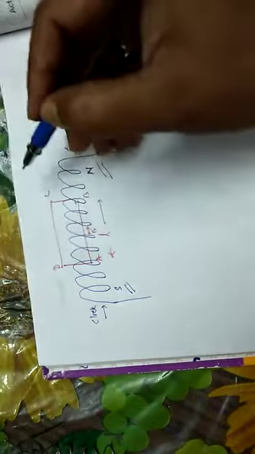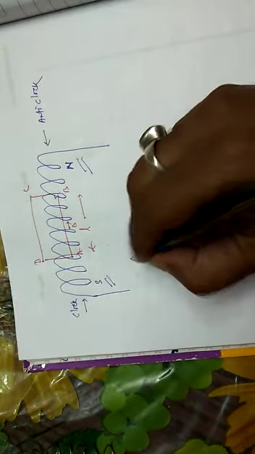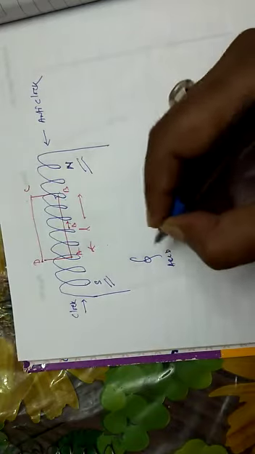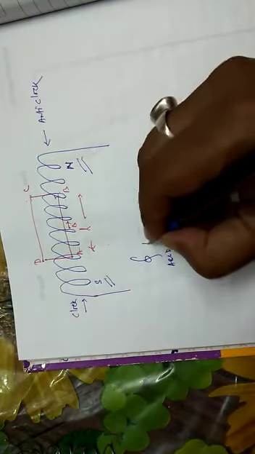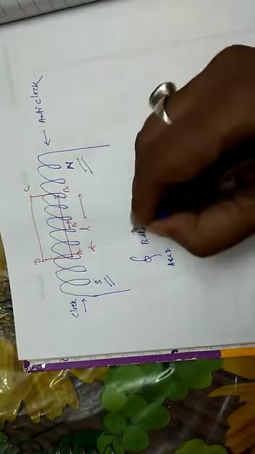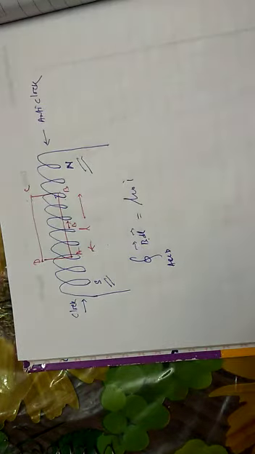So the loop integral ABCD, from Ampere's circuital law, we know B dot dL must be equal to mu naught I. And what is I? I is the total current inside the loop.